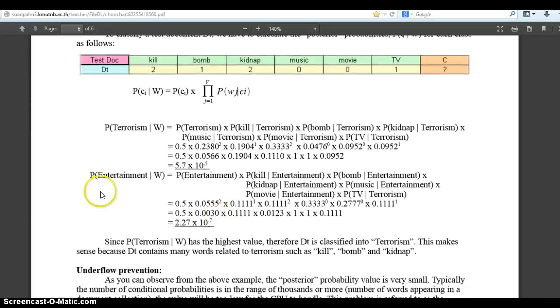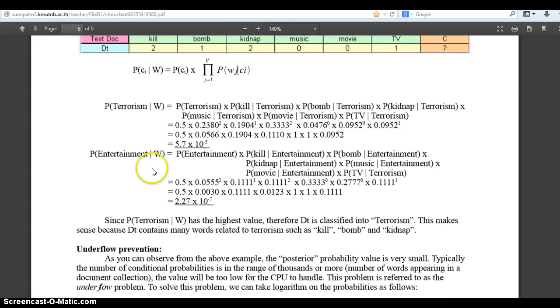So here's the bulk of the problem. We want to figure out the probability of this test document being classified as terrorism, given that you have this test document. So here is your prior term, and here are your 6 likelihood terms of each feature: kill, bomb, kidnap, music, movie, and television, given the class terrorism.